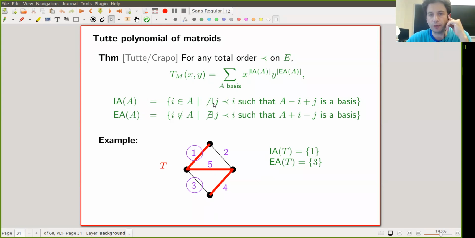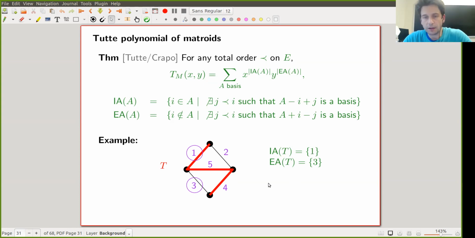There is no smaller element anyway. 5 is not active though, because I could remove 5 and replace it by a smaller element, for instance, 2. So 5 is not in the set, and 4, similarly, could be replaced by a smaller element, namely 3. So it's not active either. So the internally active elements are just 1.